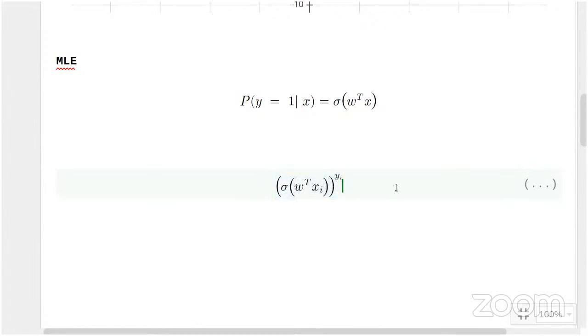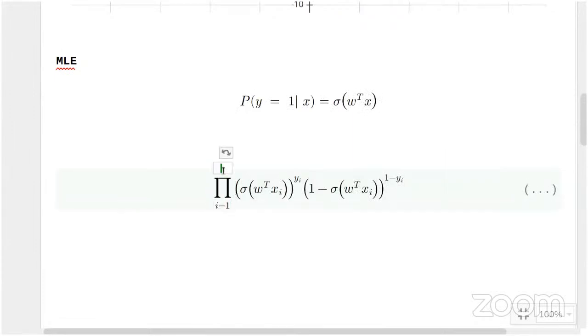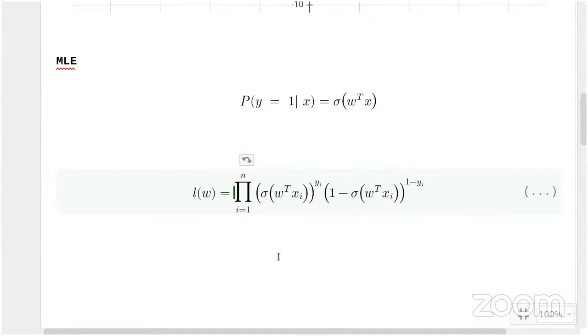If the label were to be 0, then I need to make this 1 minus yi, right? So is this expression clear? So I'll just do this for all n examples, and since it's the likelihood, I'll call this L of W, right? Does this expression make sense?